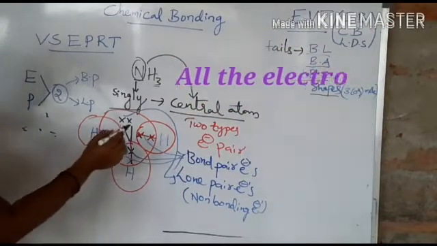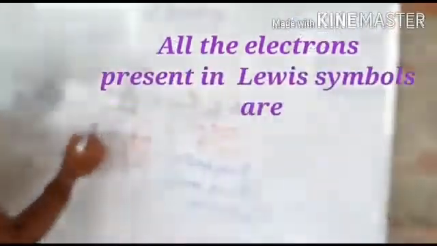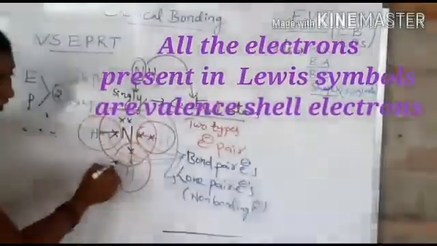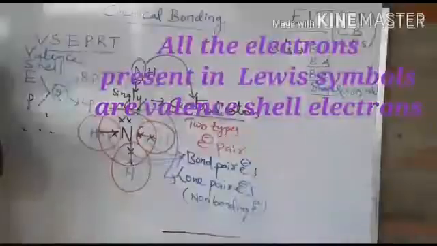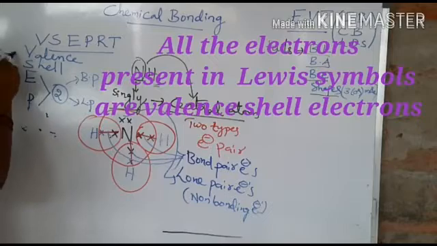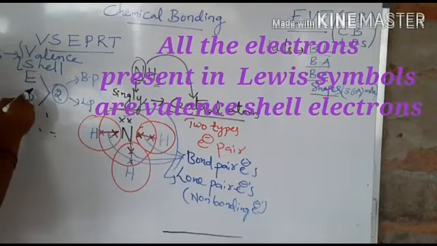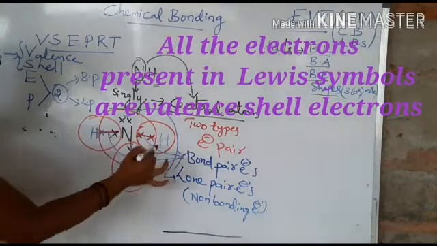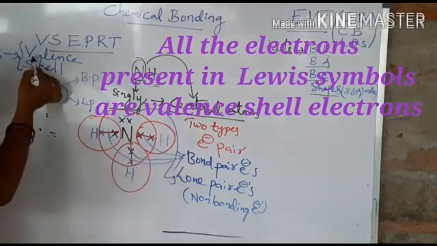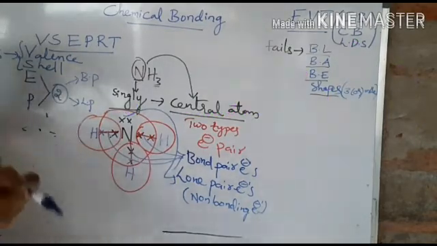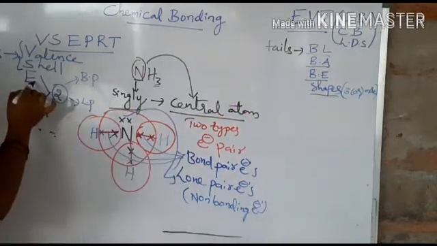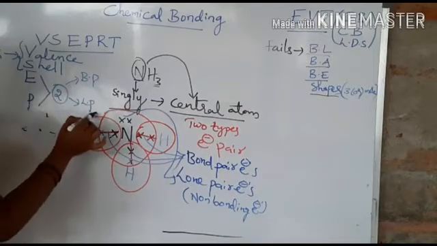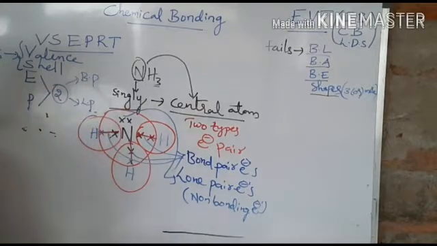So where are these electron pairs present? All these electrons are valence shell electrons. The Lewis dot symbol shows valence shell electrons. So all these are valence shell electrons, and in these valence shell electrons there are 2 types of electron pairs. One is bond pair, another one is lone pair.